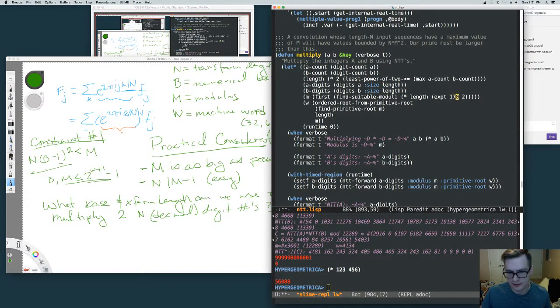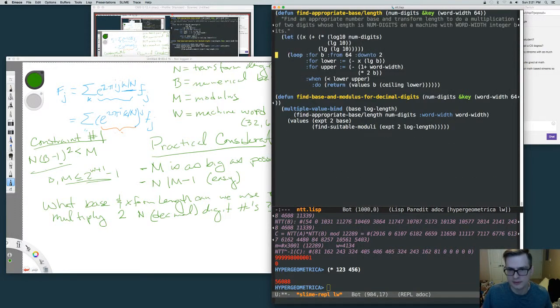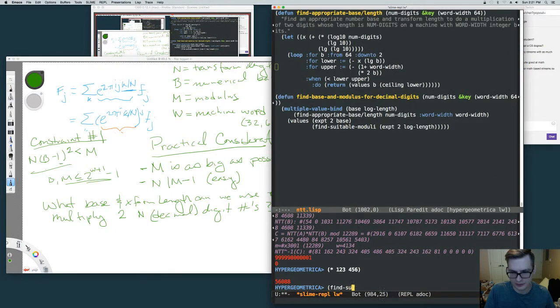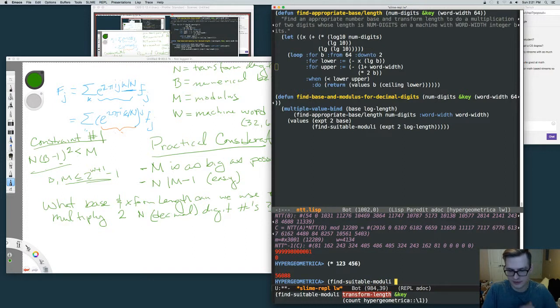Let's find it. What did I just work with? So if I do find suitable moduli, this is going to find a modulus for a transform of a particular length.